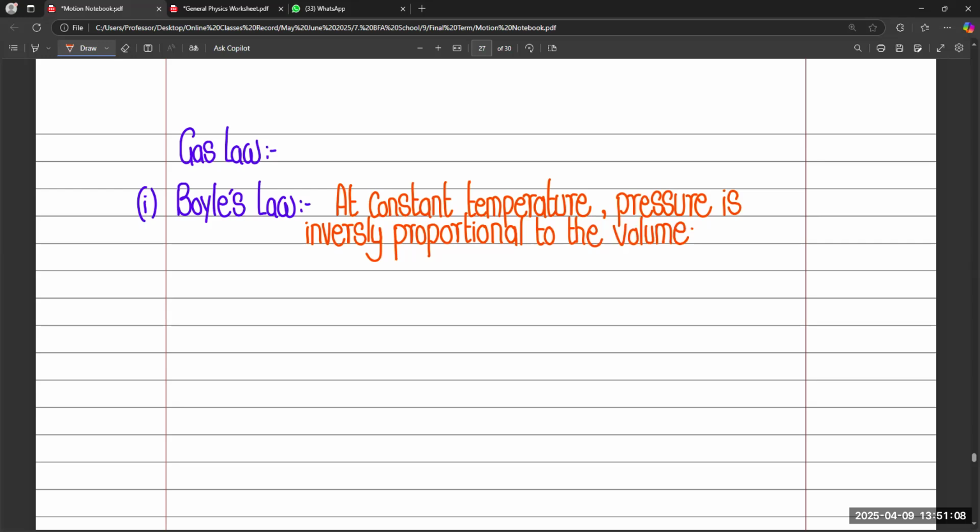to the volume. So for example, if the temperature of the gas remains constant, so if we do not change the temperature of the gas, then pressure and volume of the gas are inversely proportional. Inversely proportional means if one quantity increases, the other quantity decreases.